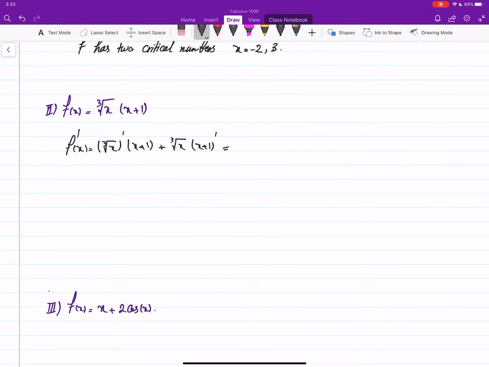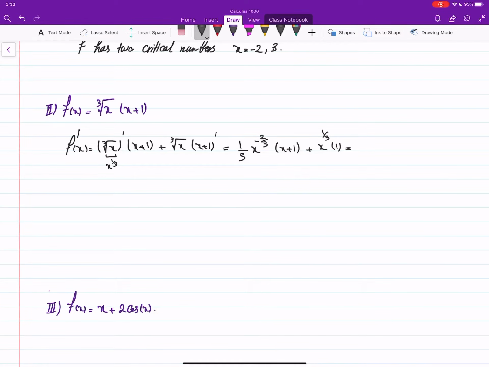The derivative of x to the power 1/3 is 1/3 of x to the power negative 2 over 3, times x plus 1, plus x to the power 1/3, and the derivative of x plus 1 is just 1.